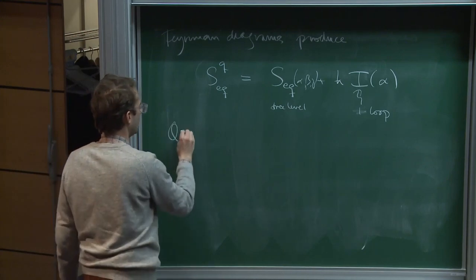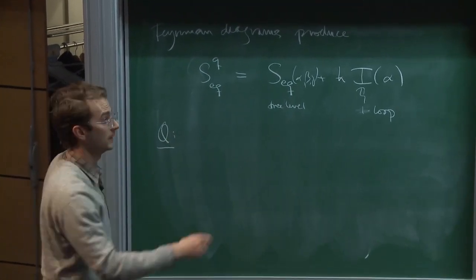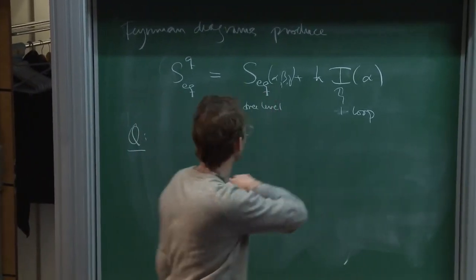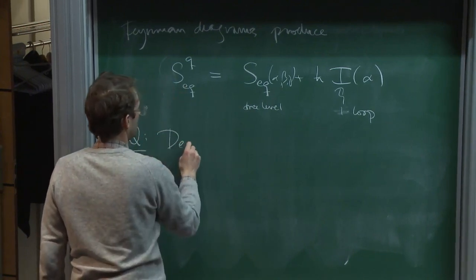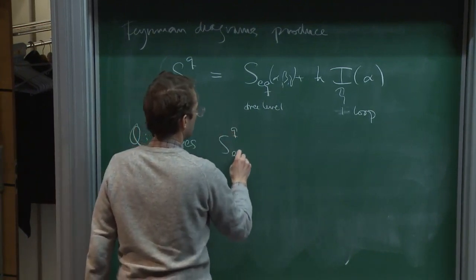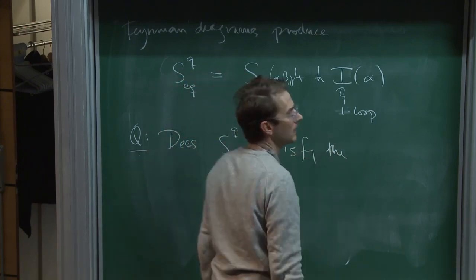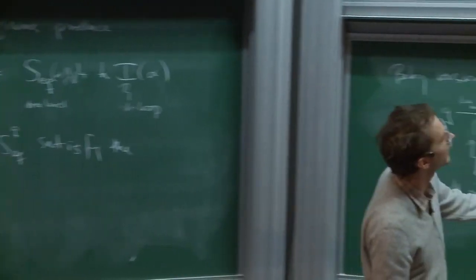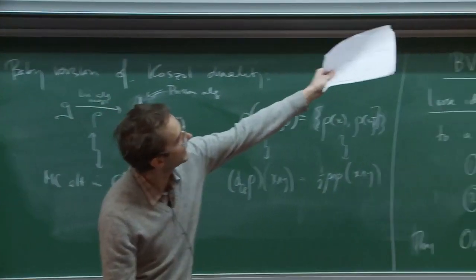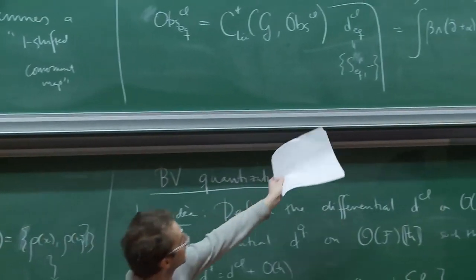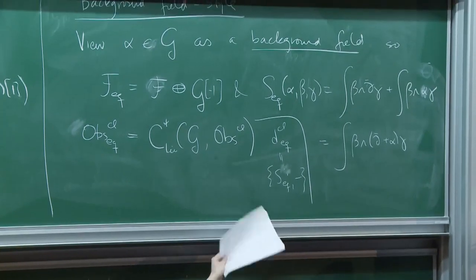So the question becomes, trying to give a lift of this map is the same question as asking, just as a remark, the statement that this thing is a differential is called the classical master equation.